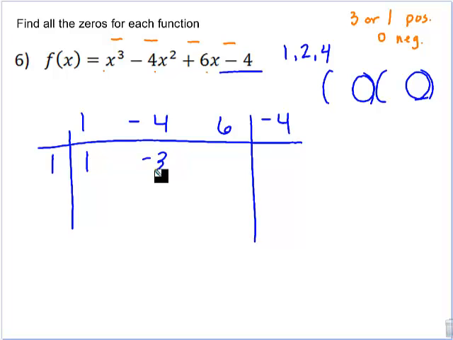Then we multiply negative 3 by 1 and we get negative 3. Once again, we do this step in our head: 6 plus negative 3 is 3. 3 times 1 is 3. When we add that to negative 4, we get negative 1. So did that give us a solution? No. So then let's try 2.